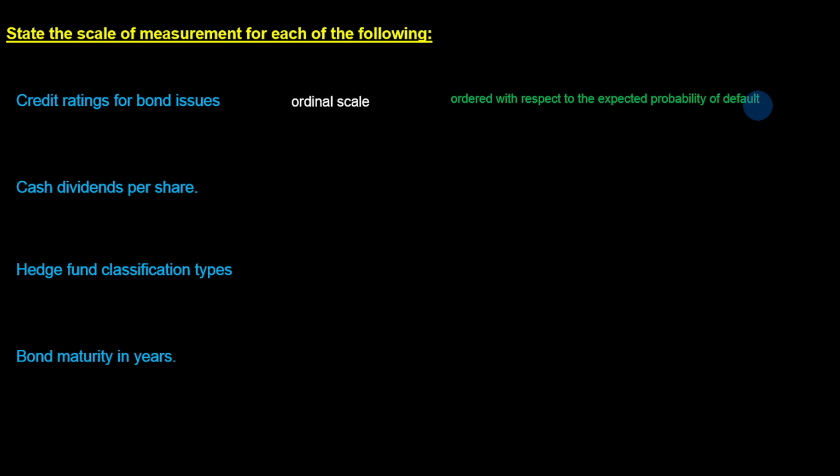For example, Standard & Poor's rating agency assigns letters, like the best bond would be triple A, and then double A plus, and so on, and then triple B plus, and on and on. So again, here the order and the rank are very clear.